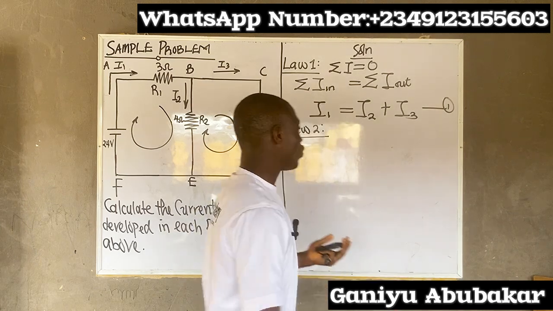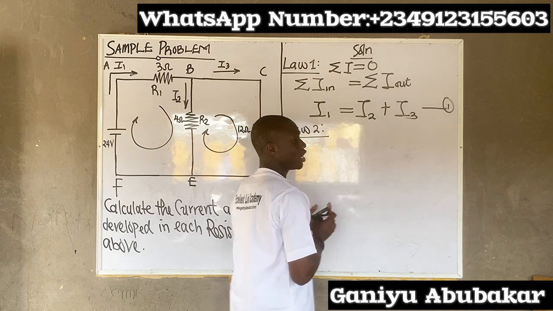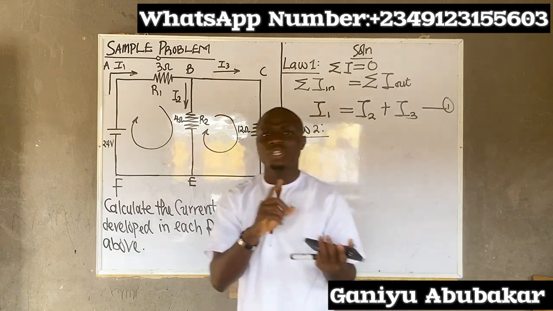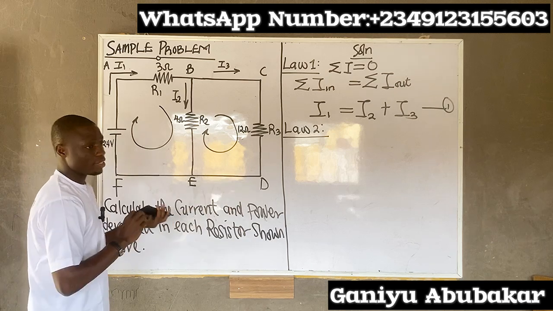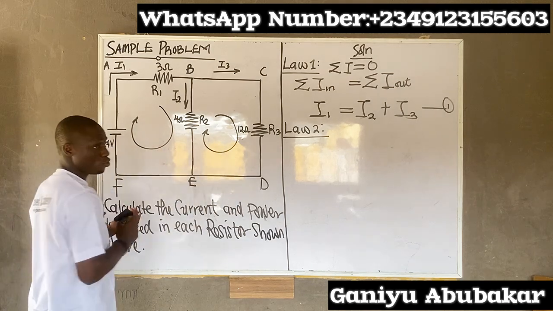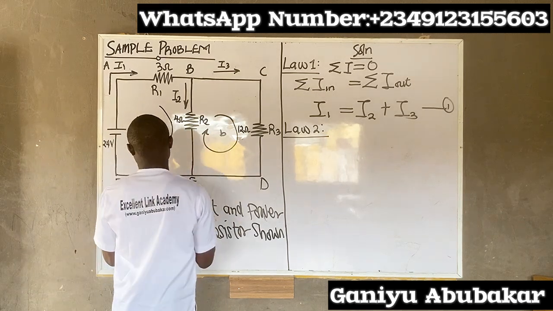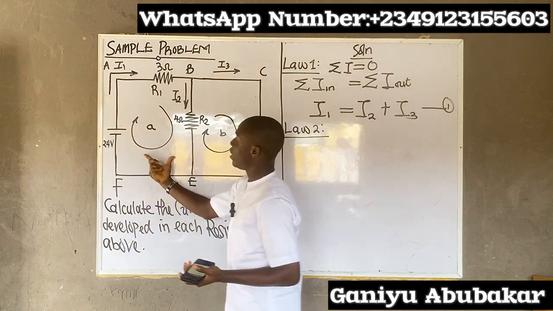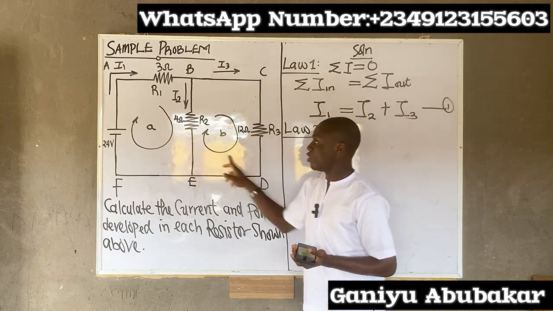I have two loops here, or meshes. Let me call this one A and this one B, because I have two sections here.